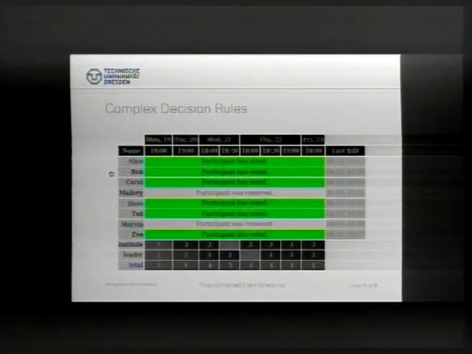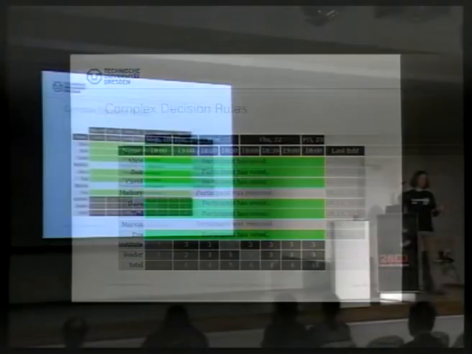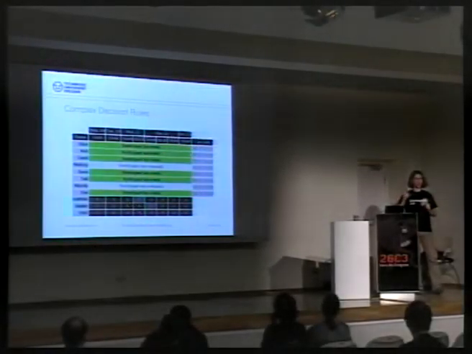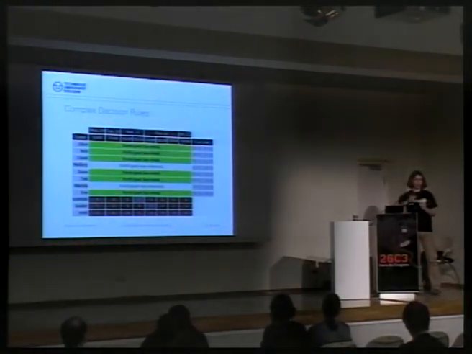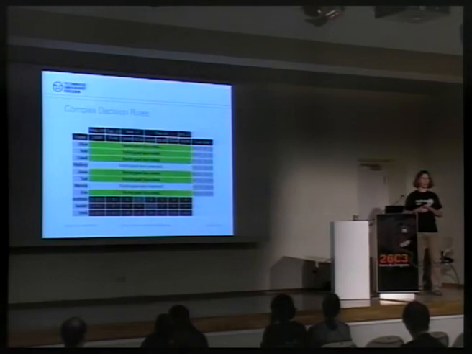And of course, what you said is, I want to do some complex decision rules. We had some Doodle poll with 13 participants, and we needed a telco, and of course the date with the most participants had 9 or something like that.